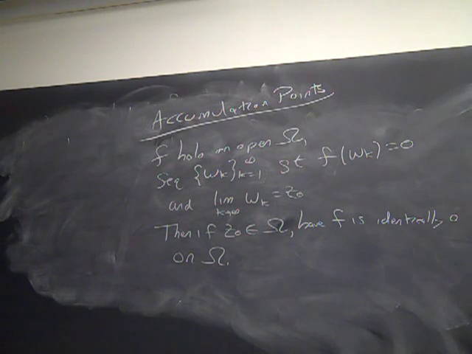I've pulled out the (z minus z0) to the m. The next is the (z minus z0) to the m plus 1. So as z gets closer and closer to z0, what does that quantity look like? It looks like 0. So this converges to 0.